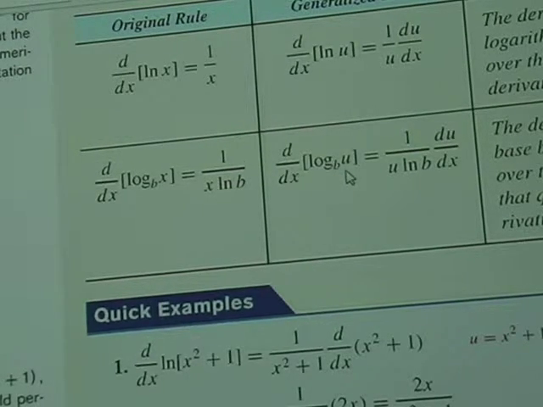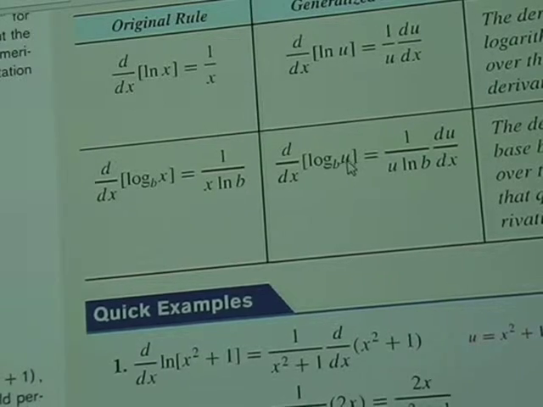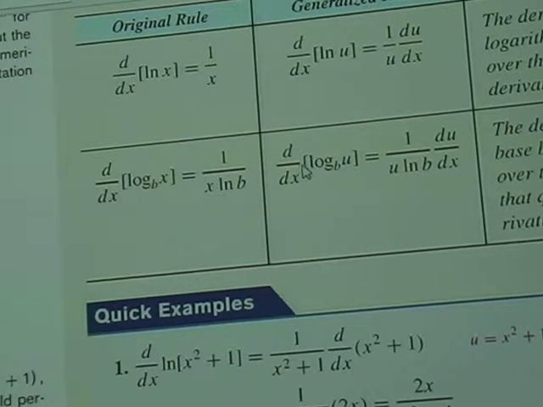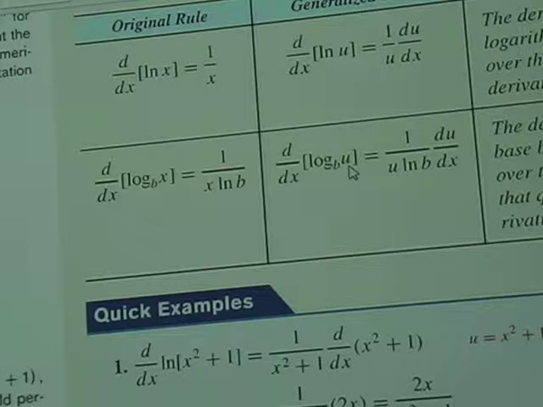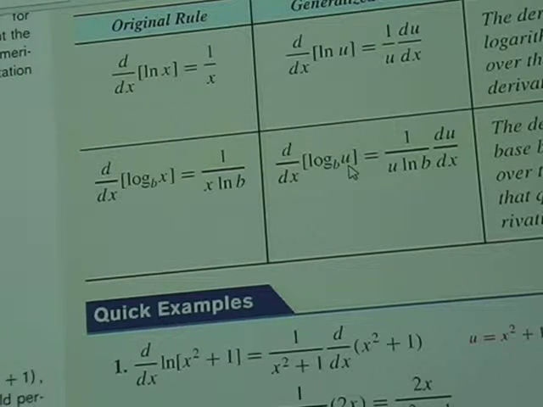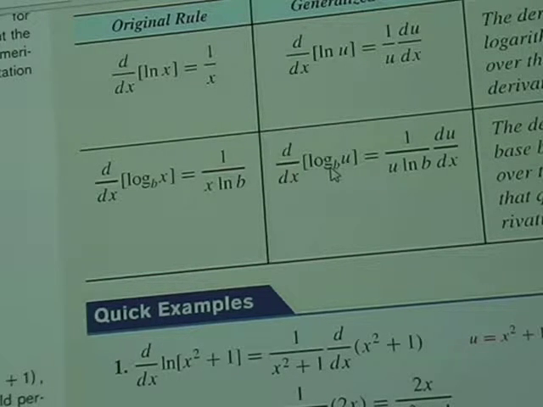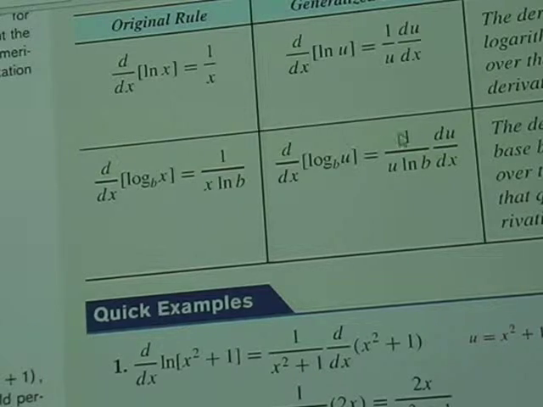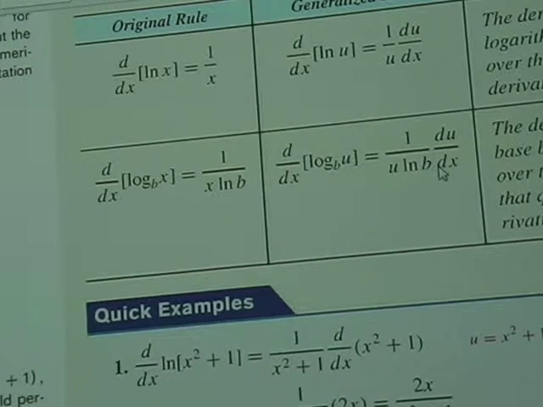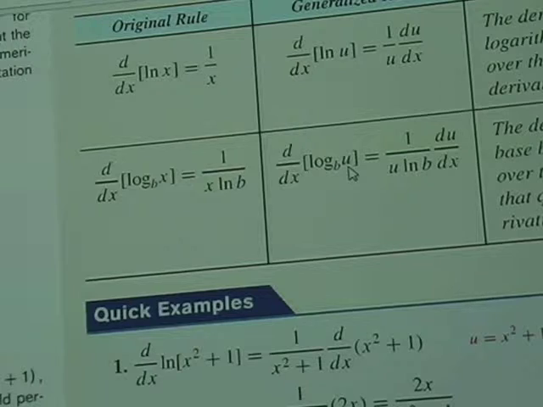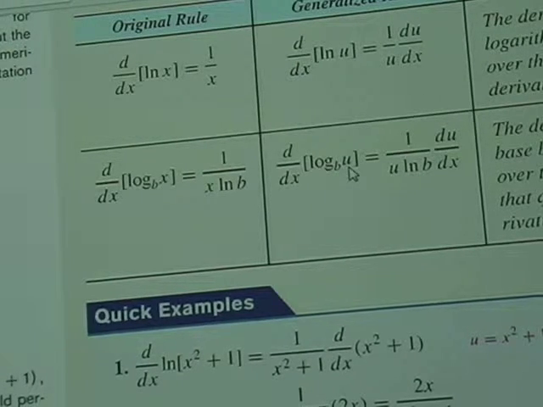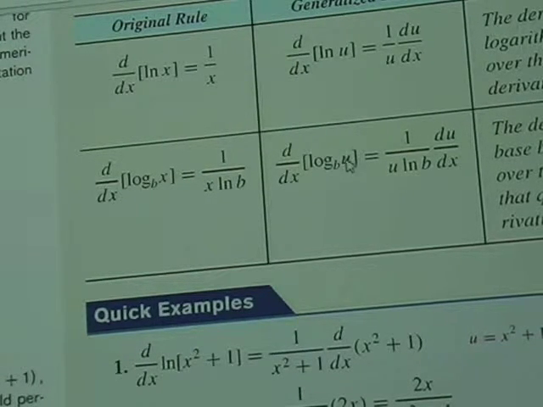If we're trying to do the derivative of the log of some other function, then what's the rule? It's the derivative of the log base b of that u, which is what? 1 over that u, ln of b, times the derivative of the inside function. What's the name of the inside function here? U. The name of the inside function is u, so it's times the derivative of u.